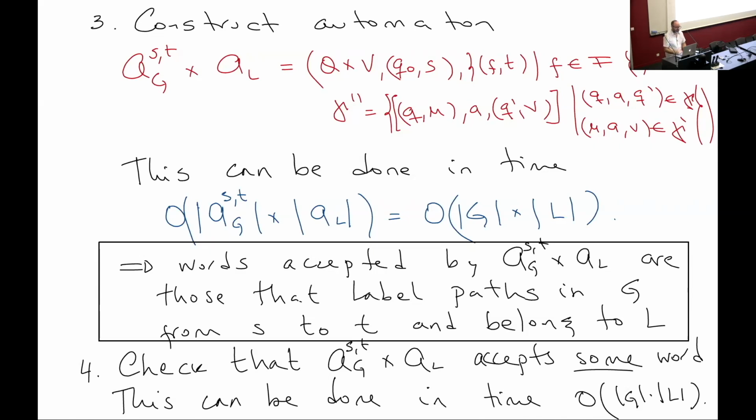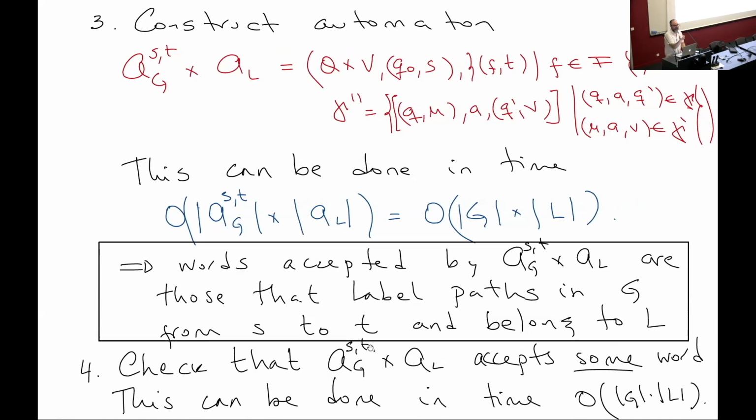We can do this in linear time on both. And the words accepted by this intersection are those that label paths in G from S to T and belong to L. So that's precisely what we want.